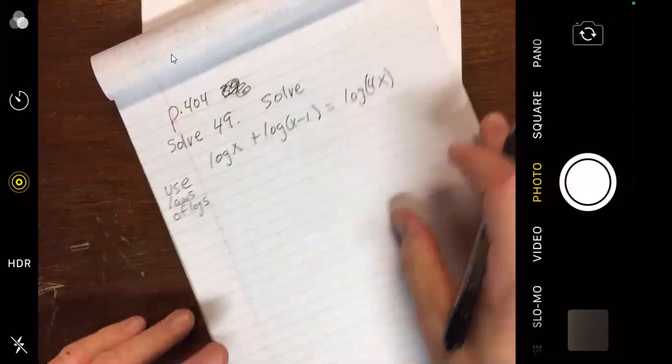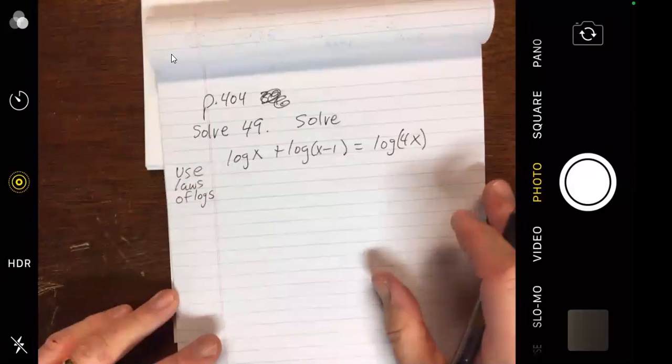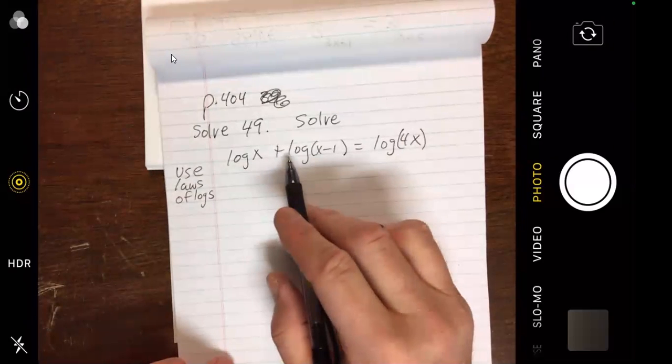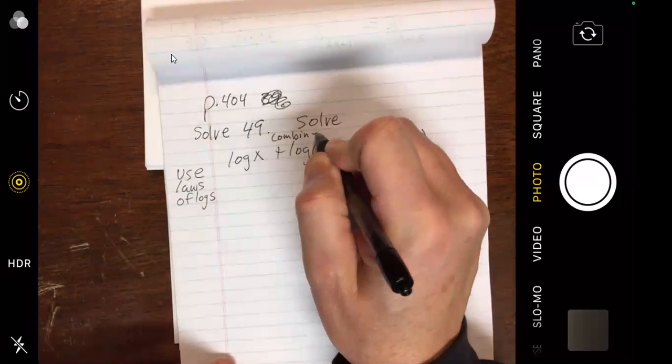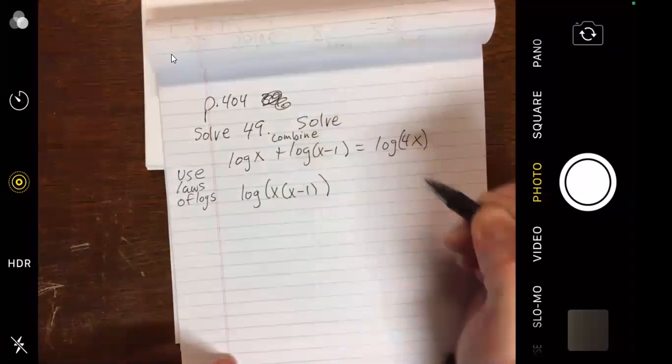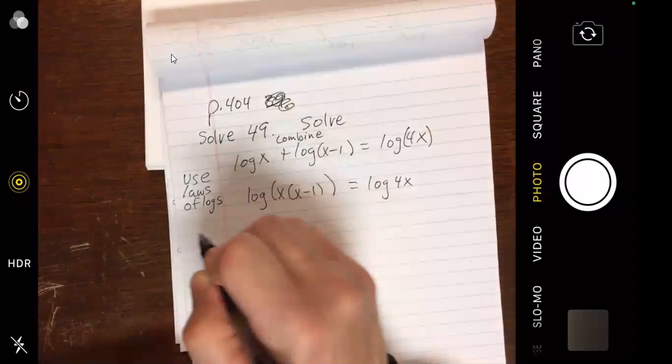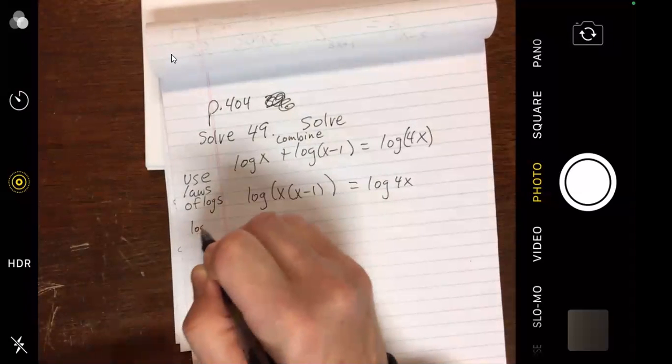There's some tricks to logs when you go backwards. Notice how the two logs are both positive and added. This is why we did those combined problems. So we're going to combine and we get log of x times x minus 1 equals log of 4x. Then log is base 10.